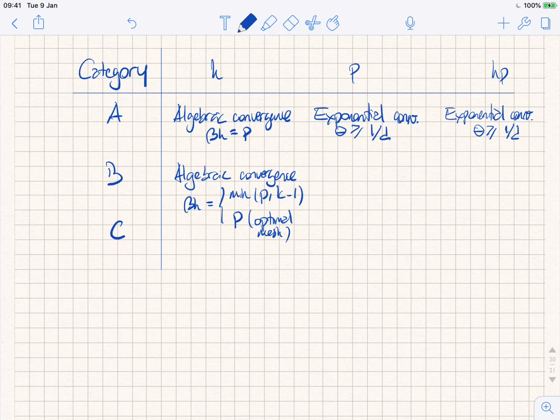So, for the p version of FEM, the problem now is that we really lost that nice property of exponential convergence. So we recover algebraic convergence as well. And beta p is going to be equal to 2k minus 1.